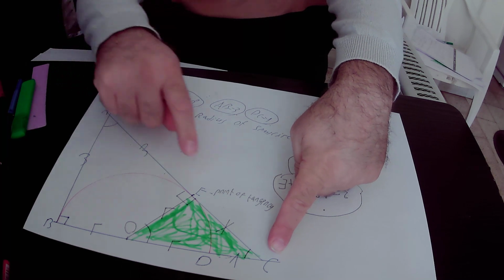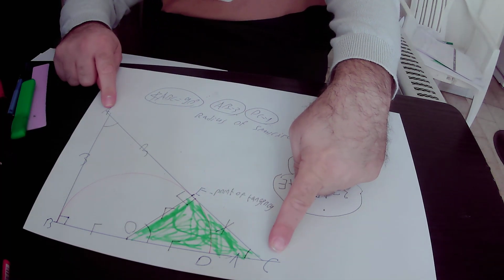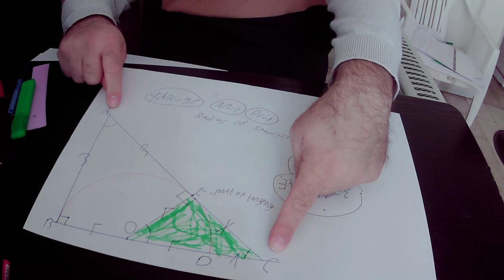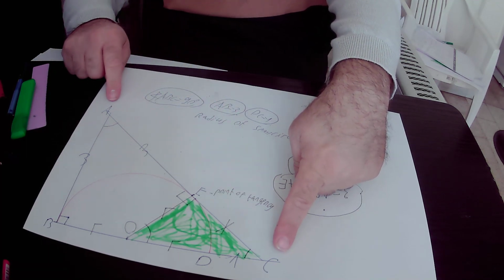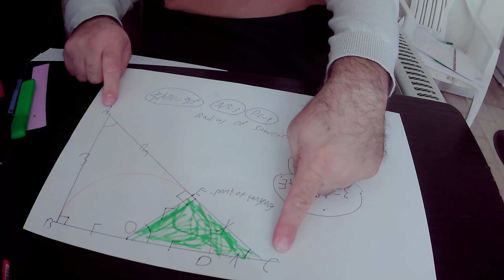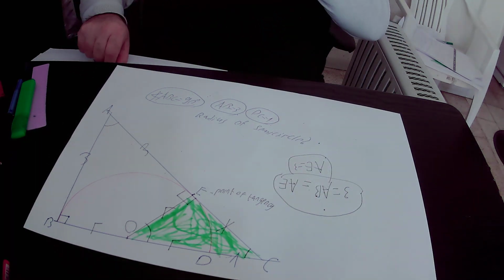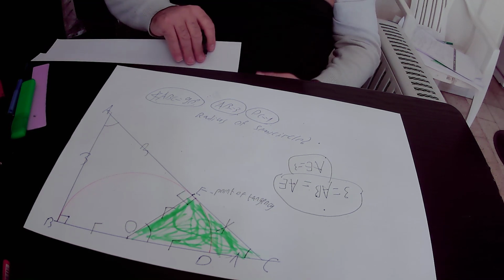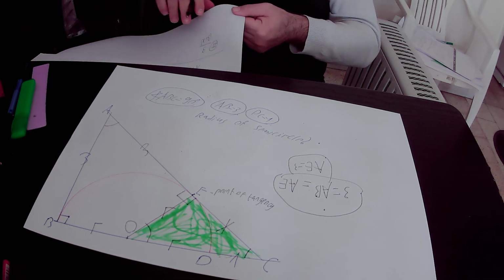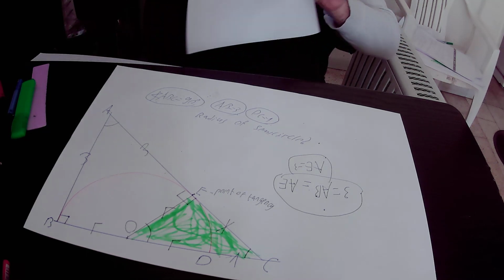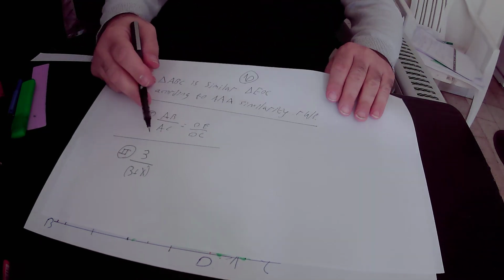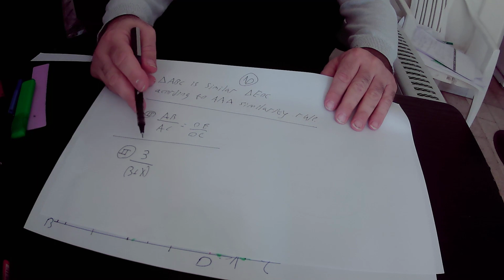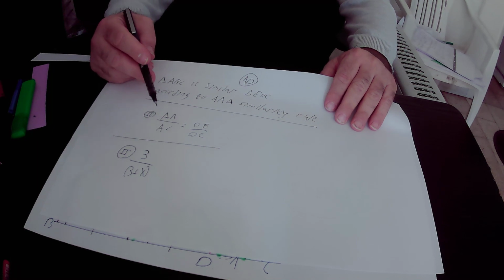You can see from the drawing that the hypotenuse AC equals 3 plus x. So AB equals 3 units, and AC equals 3 plus x units.